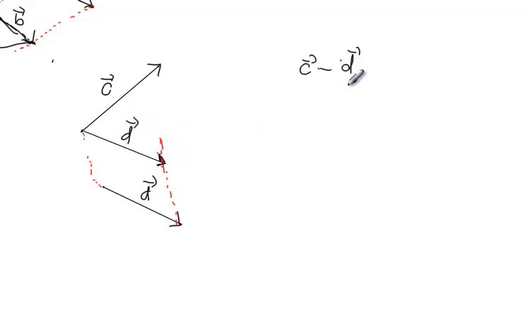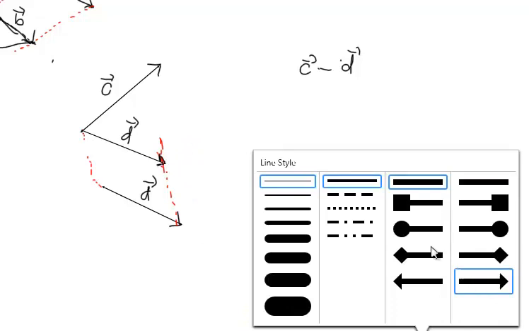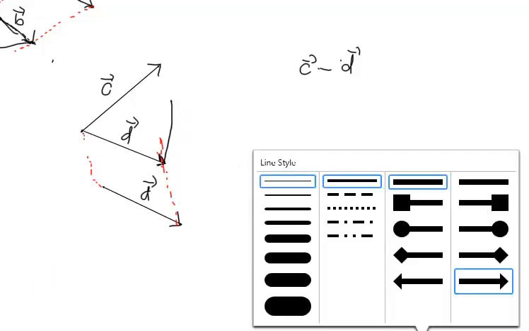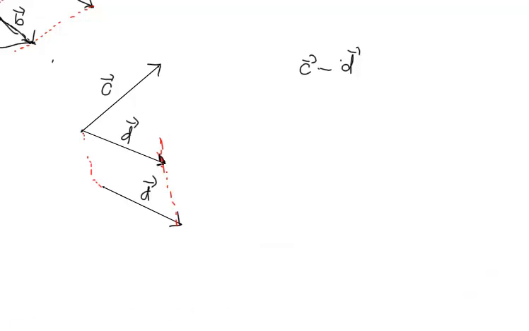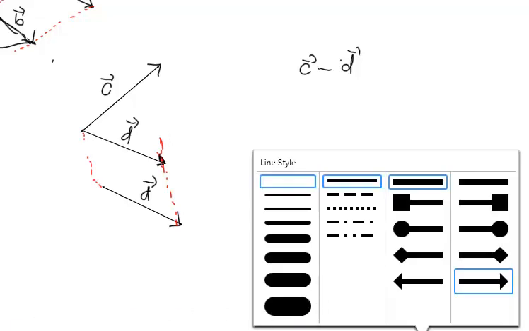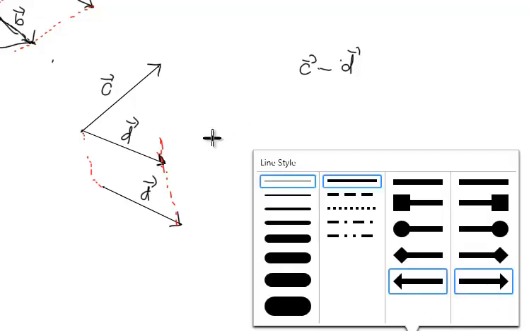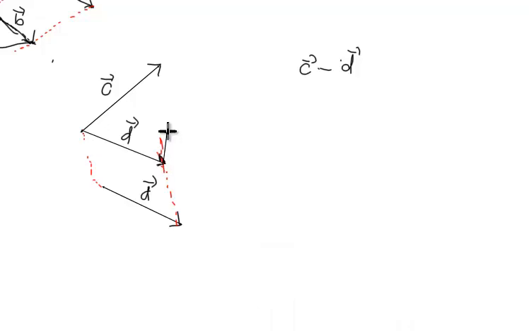Now where is vector C minus D? As long as I'm subtracting D, it will start from the head of D. It will go from the head of D and meet C there at the head.